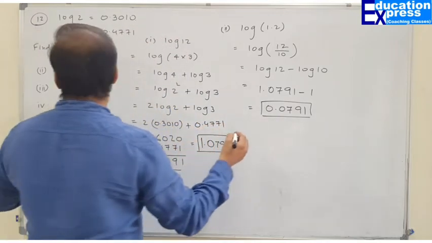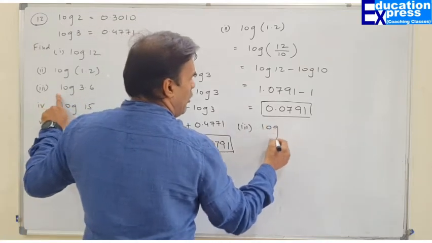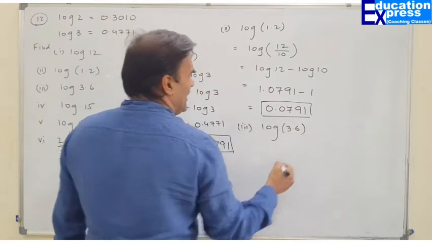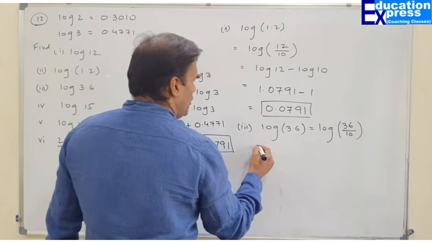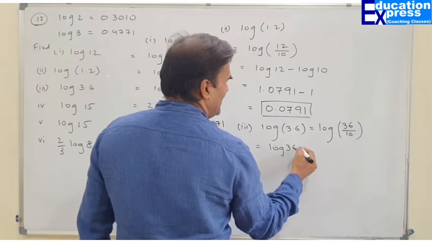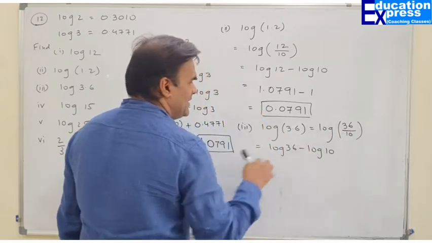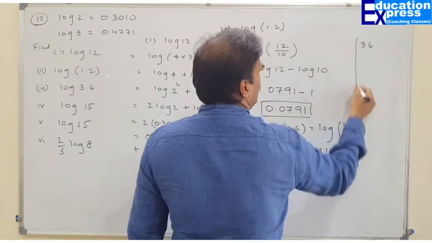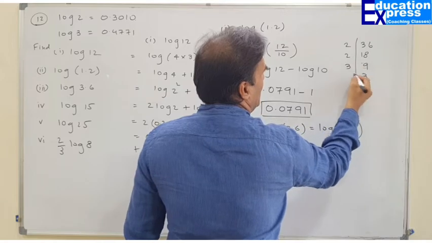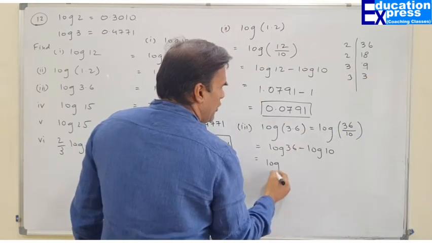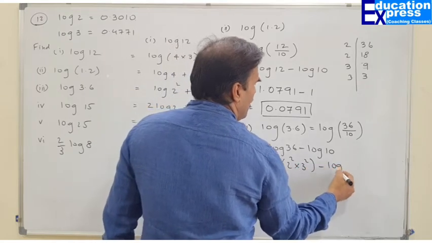Check for the third part. Quite manageable. Log of 3.6 can be written as log of 36 upon 10. So log of 36 minus log of 10, not plus, upon, so minus. 36 prime factorization: 2, 18, 2, 9, 3, 3, 3. So you can say log of 2 square multiplied by 3 square, minus log 10.